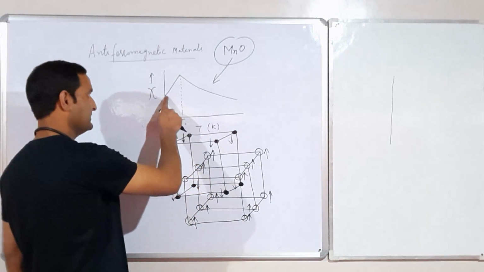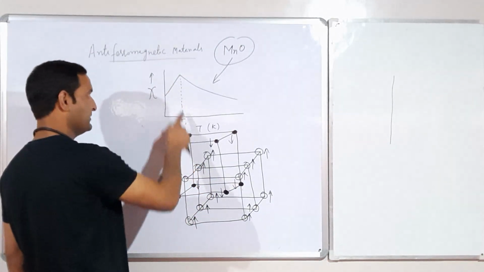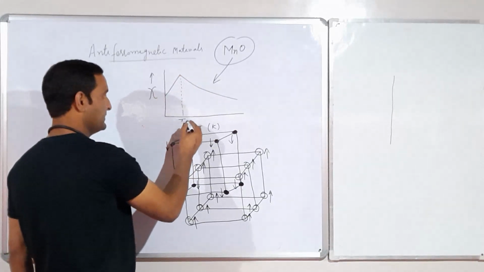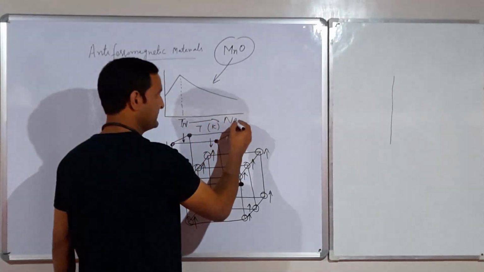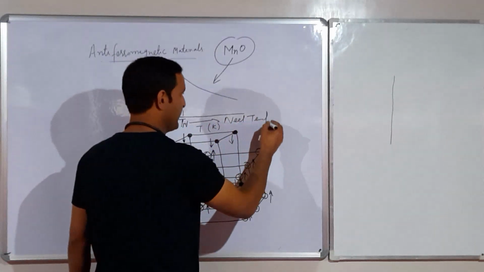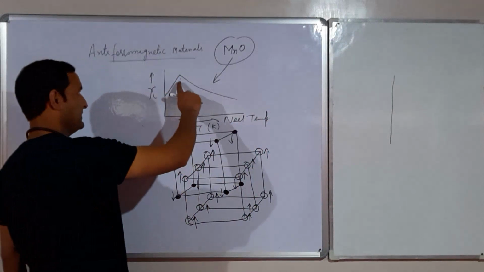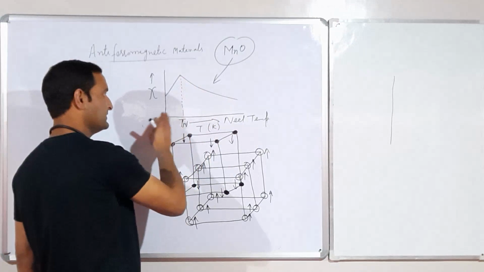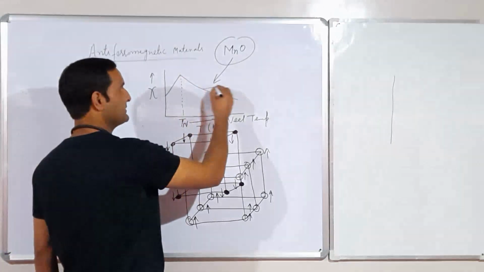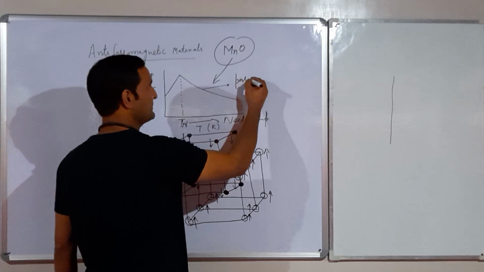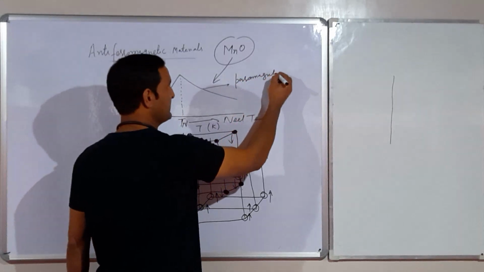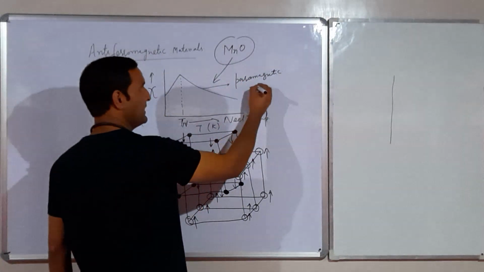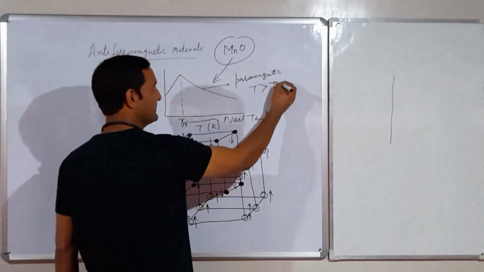This magnetization increases if you increase the temperature of the system, and it reaches a maximum value at Tn, that is called the Néel temperature. After that, the magnetization decreases if we cross this temperature limit. So it exhibits paramagnetic behavior at T greater than Tn.